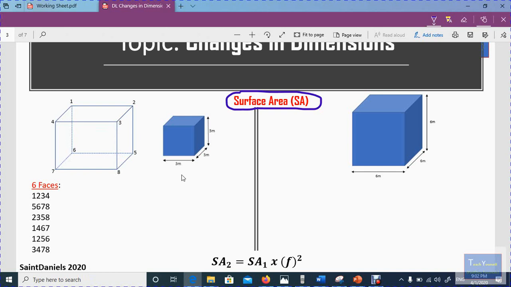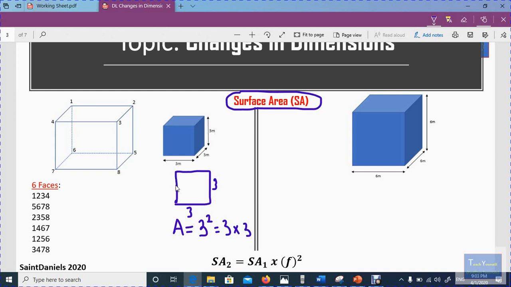So let's take, for example, just one face. If we look at just one face, which is a square, based on what we are given here, the dimension is 3, and this is also 3. How do we find the area of a square? In our previous video, we established that the area of a square is just the square of its side length. So the side length is 3, so 3 squared. This is the area, which simply means 3 times 3.